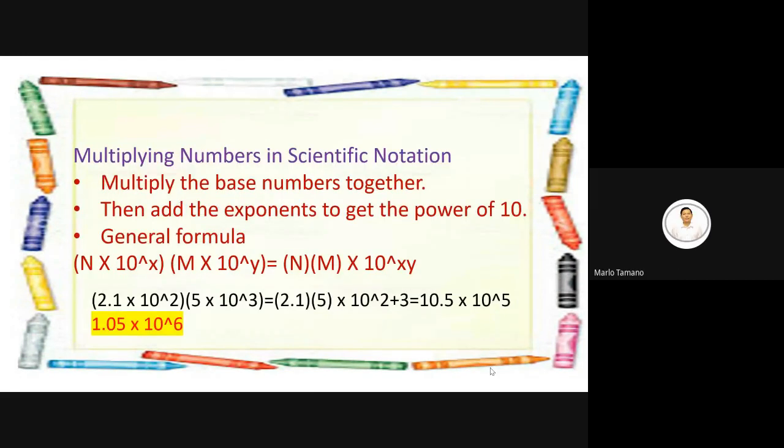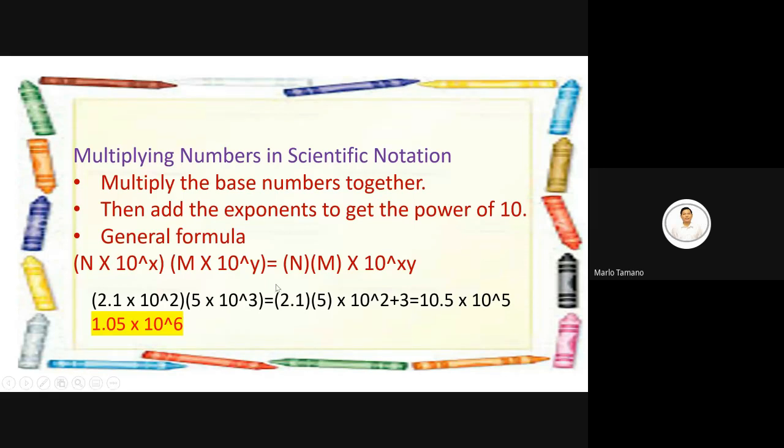All right. So, multiplying numbers in scientific notation. Multiply the base numbers together. Then add the exponents to get the power of 10. So we have here the general formula.